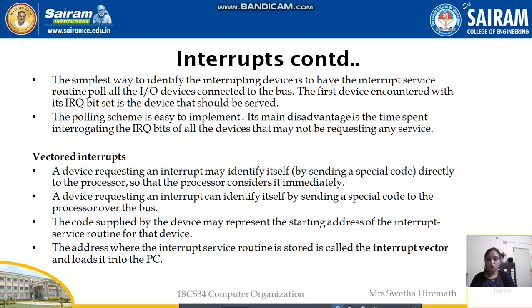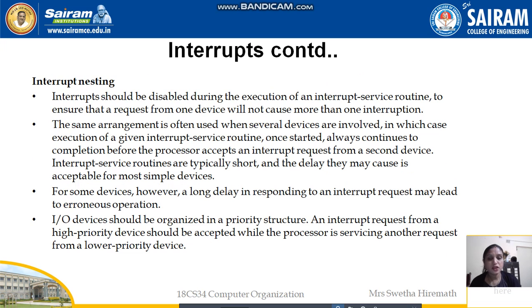So the special code will be the starting address of the interrupt service routine for that device, and by looking at that starting address, the processor will come to know which device has actually requested the service. The address where the interrupt service routine is stored is called the interrupt vector, and it is loaded into the PC.